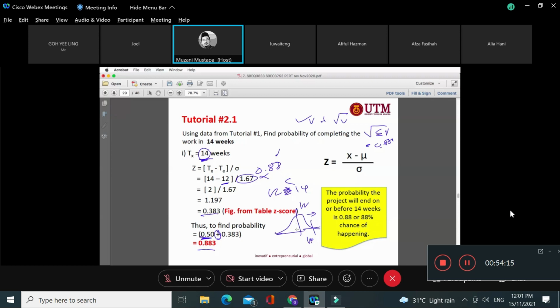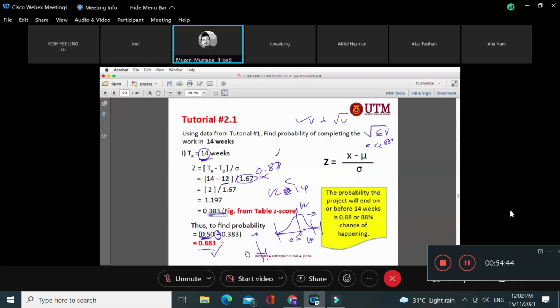Nampak tak? This is 0.5, and then from here to here. We know probability is from 0 to 1, right? So the middle, 12, is 0.5. And 14 weeks is the area under the table, the Z score. From the table we have 0.383, so we plus 0.5. That's why we got 0.883.